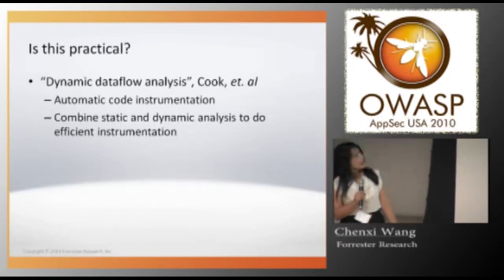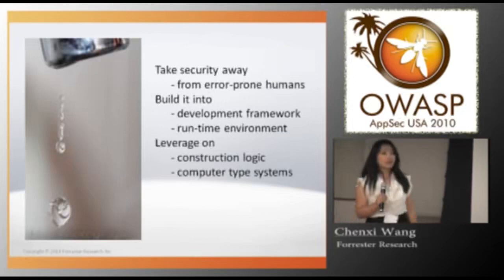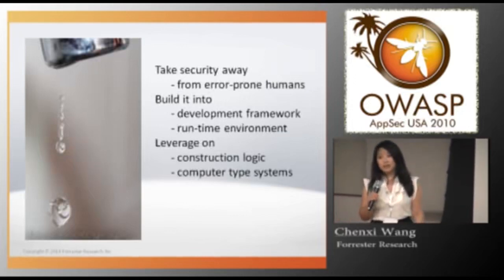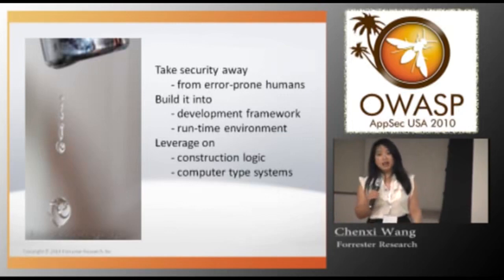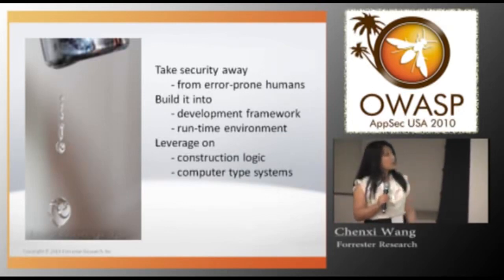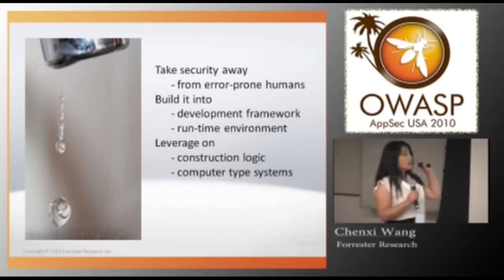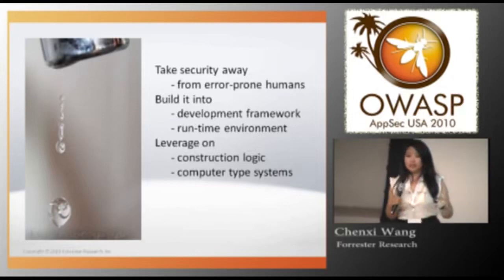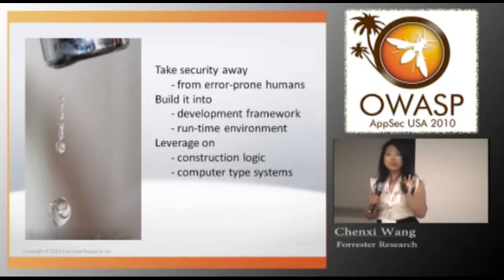So with that, the things to take away from this presentation are these points. We have to take security away from error-prone humans who don't understand security. Okay? If you have developers who are security versed, who really know how to write secure code, by all means, don't stop them.